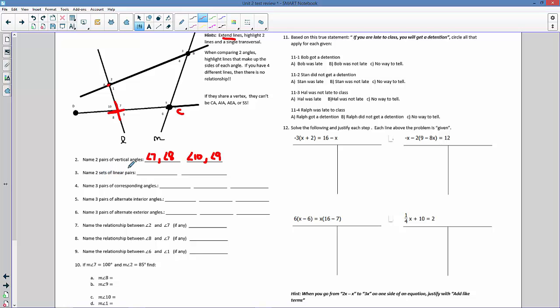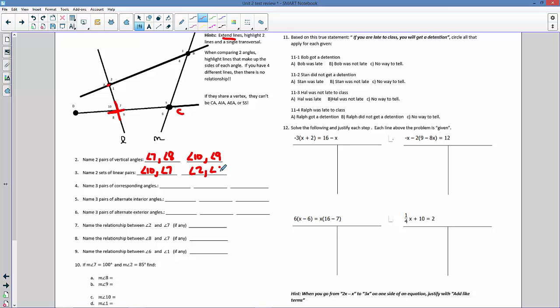Okay, name two sets of linear pairs. So two groups of linear pairs. Any of these that are next to each other: 5 and 6, 4 and 3, 2 and 1, 7 and 9, 10 and 8, 10 and 7, 8 and 9. I'm going to take some random ones. I'm going to take 10 and 7, and then over here 2 and 1.